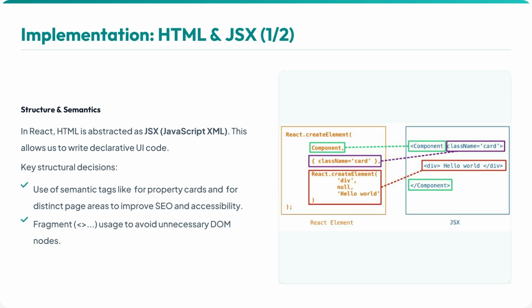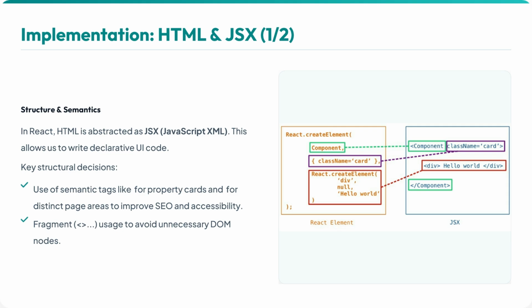Now, moving to the implementation, that is deep dive. This is the most important section for a technical presentation. So, implementation: HTML and JSX. Moving into the code, let's look at the front-end structure. In React, we don't write standard HTML, we write JSX.